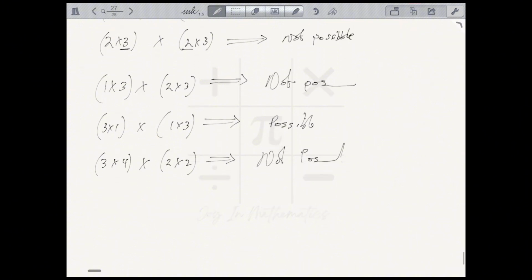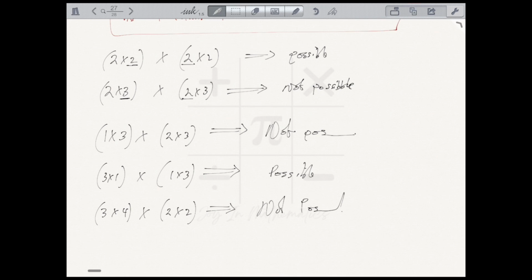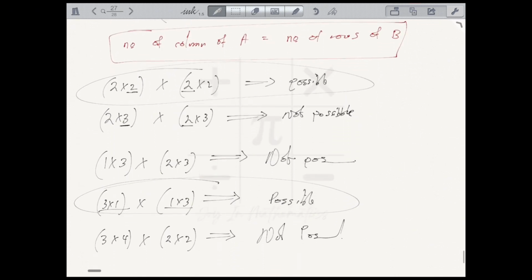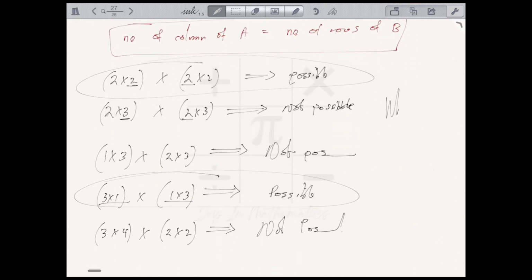Now, for those that are possible, we have a 3 by 1 matrix multiplied by a 1 by 3 matrix, and a 2 by 2 matrix multiplied by a 2 by 2 matrix. What then will be the result? What is the order or dimension of the result?